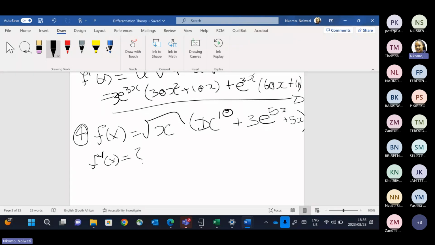I will give you 4 minutes. Okay, 5 minutes. You are given f at x as that function, and you are asked to find f prime at x.